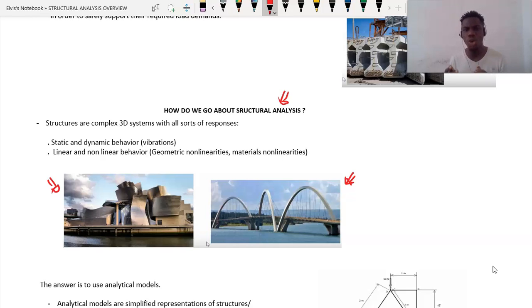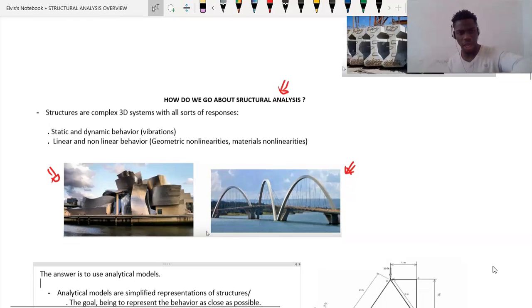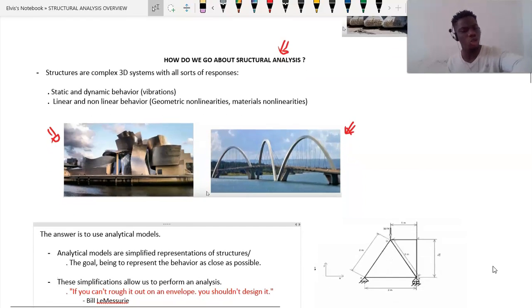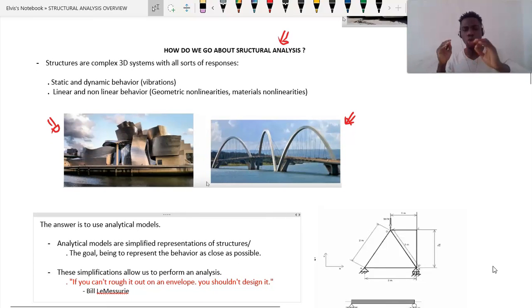So how do we go about the structural analysis? I'm going to tell you in a moment. Because structures are so complex, we need to know how we go about structural analysis.